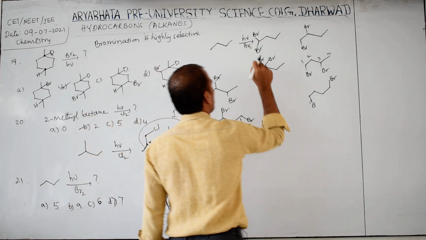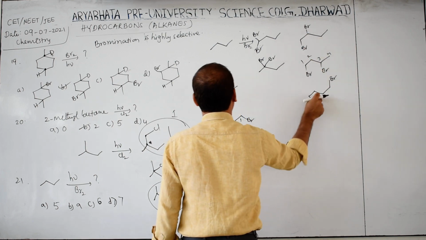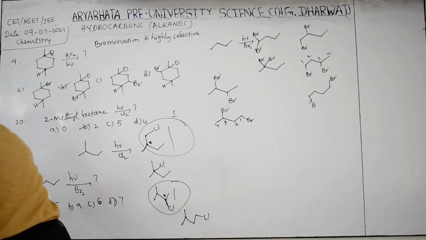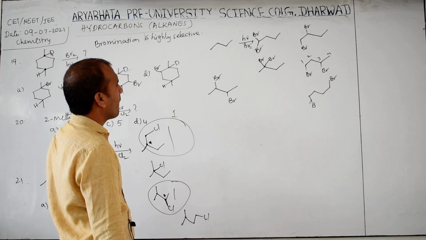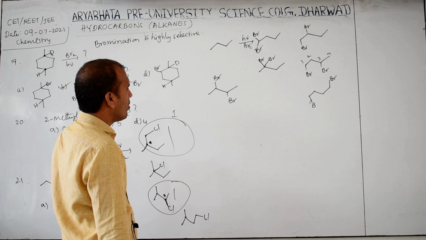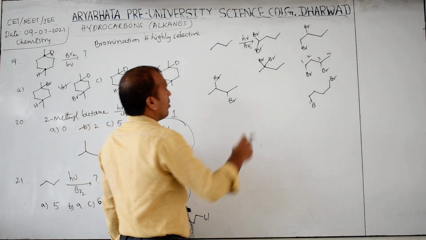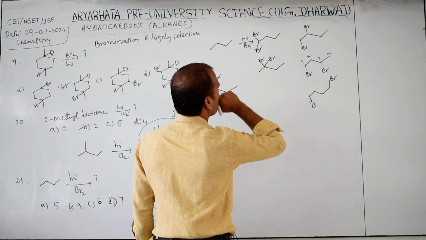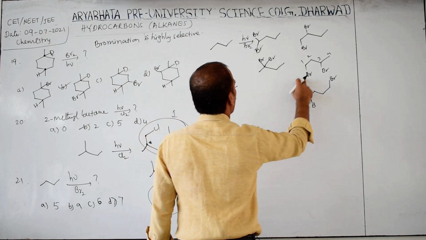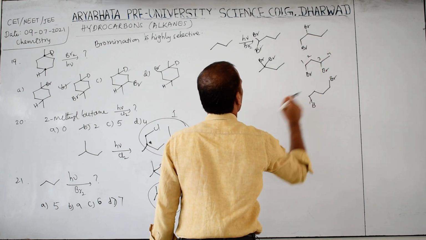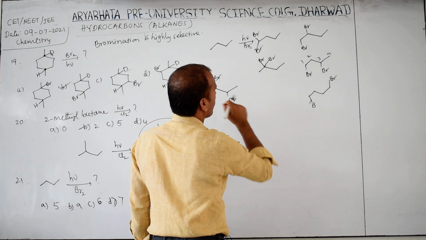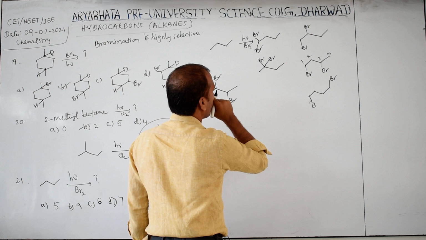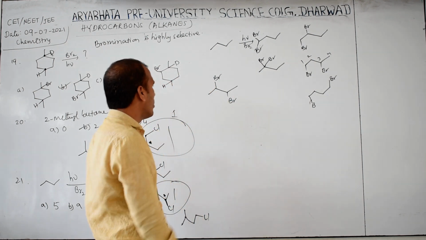Check now how many: 1, 2, 3, 4, 5, 6. Will any other possibility come? 1,2 completed, 1,3 completed, 1,4 completed. This is also completed, no? 2,3.